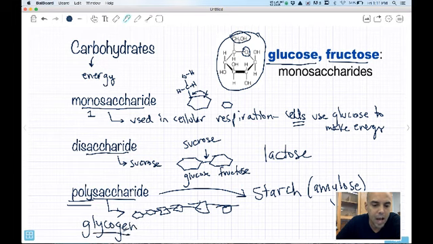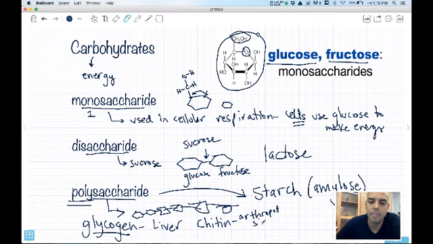Glycogen is a polysaccharide, a very long sugar made up of glucoses, and it's stored in the liver. Chitin is the polysaccharide that makes up arthropod shells, so crabs, roaches, arthropod shells.